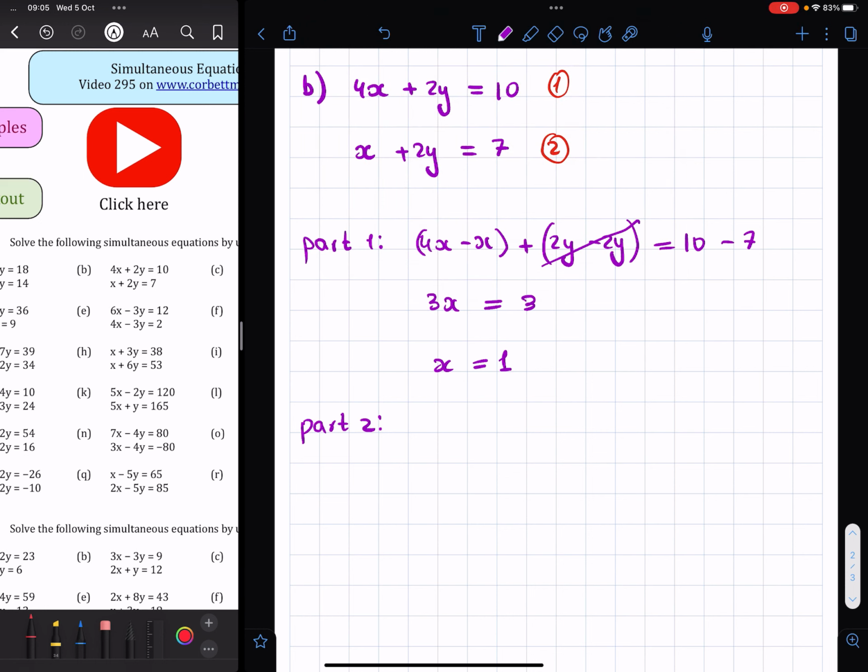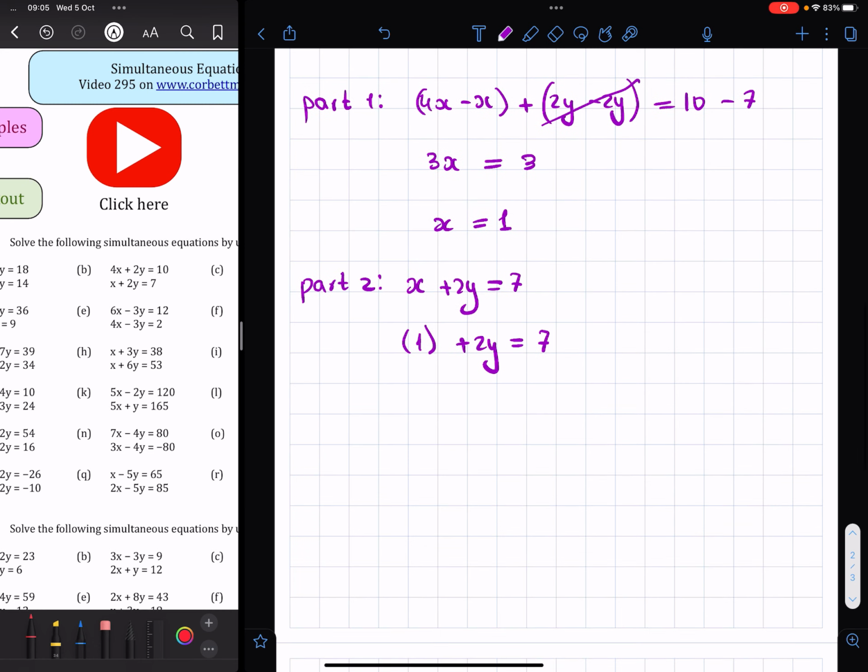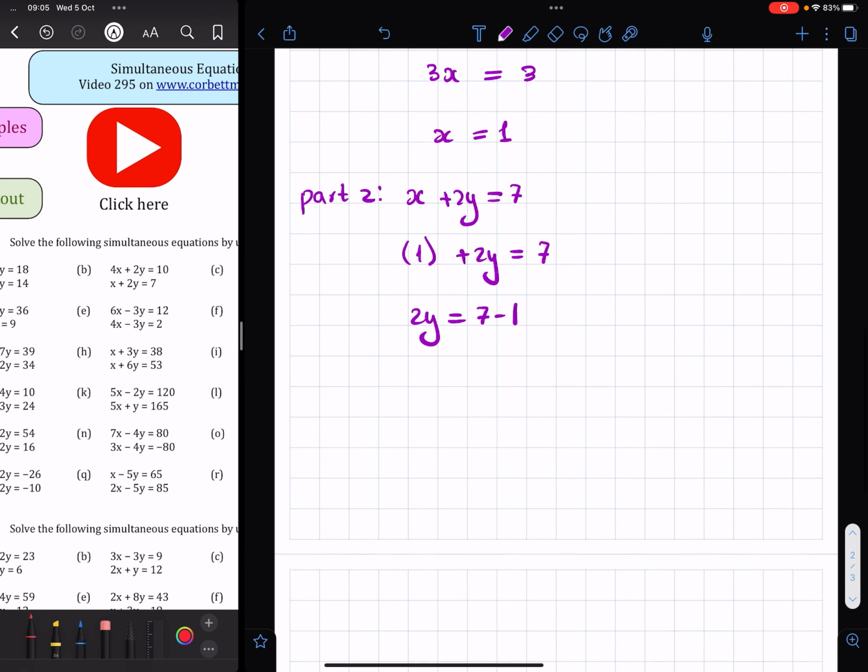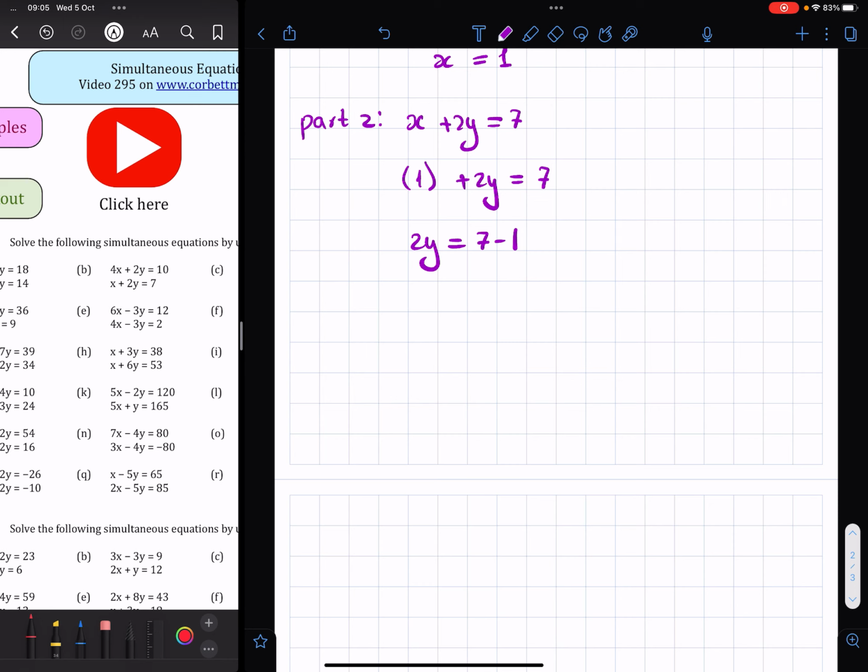So that is going to give me x plus 2y equals 7 first. Instead of x, I'm going to write down 1, plus 2y equals 7. So 2y equals 7 minus 1, because I moved 1 to the other side, or just subtracted 1 from both sides. So 2y is 6, y will be 3.